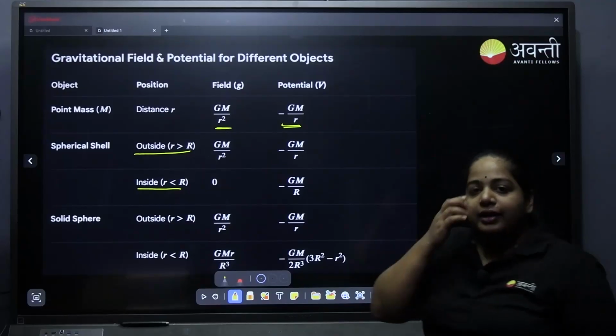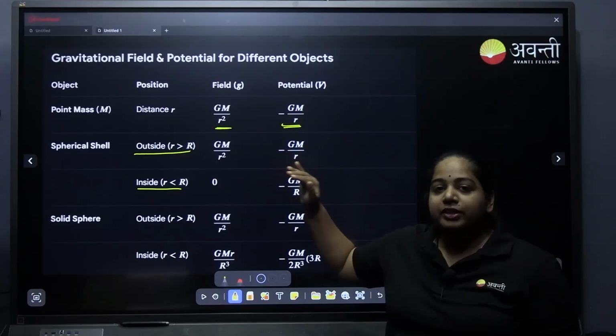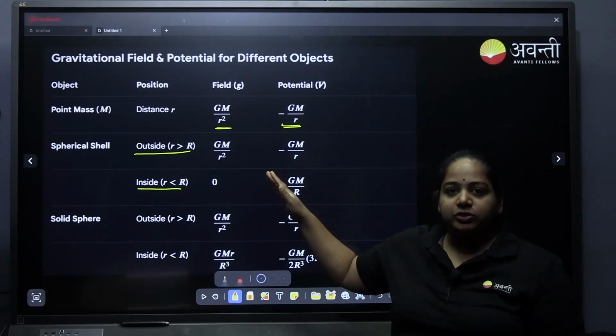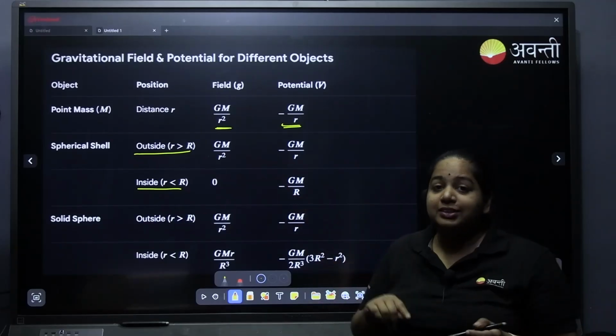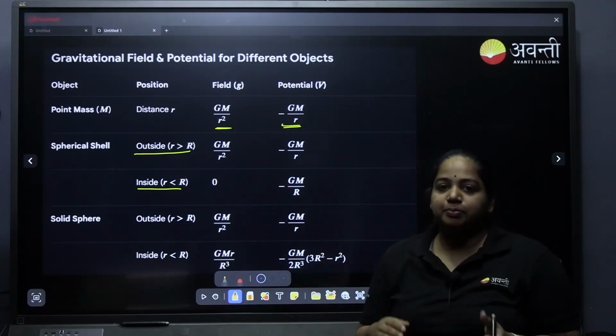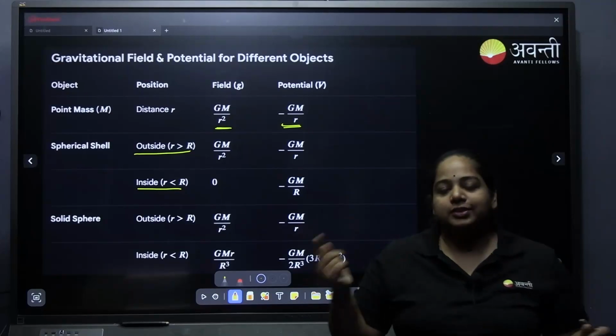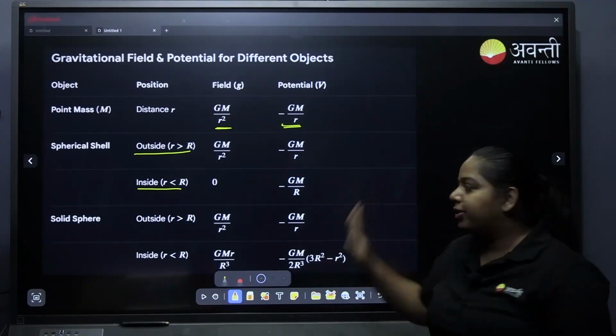See this one is the same, we did this for electrostatics also, right? For different shapes, what is the electric field outside and inside a sphere, and what is the potential outside and inside a sphere, same formulas only.